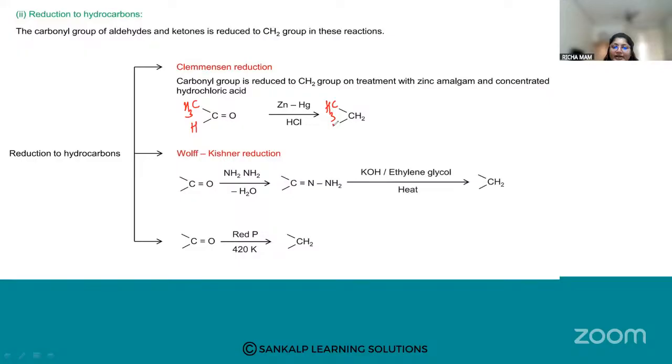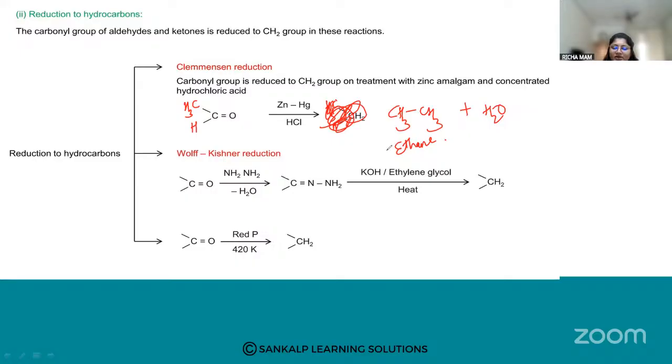I'm going to get CH3CH3 plus H2O. So this is the product formed. This is ethane, a hydrocarbon.